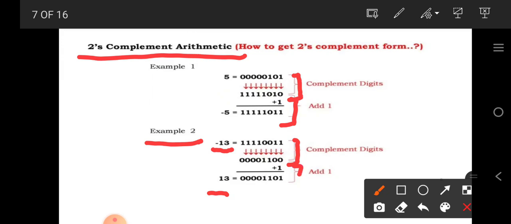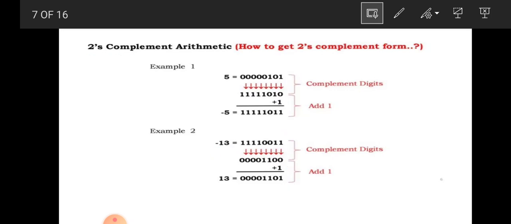Then in the second step we add 1 to that output, so we get 00001101. So this is the 2's complement form of the given number, minus 13. Both these examples show how to take the 2's complement of a number.